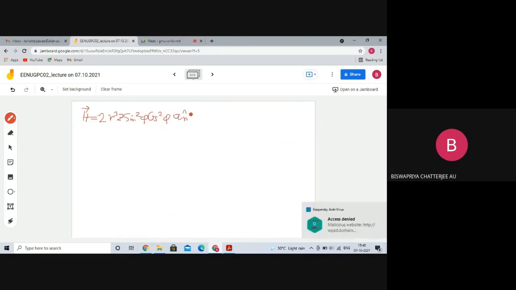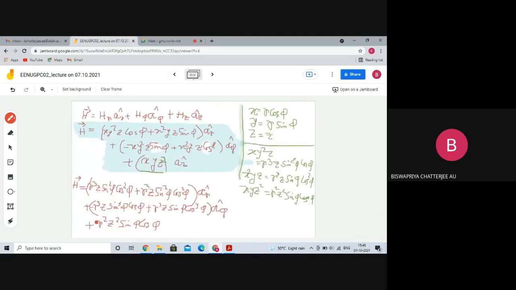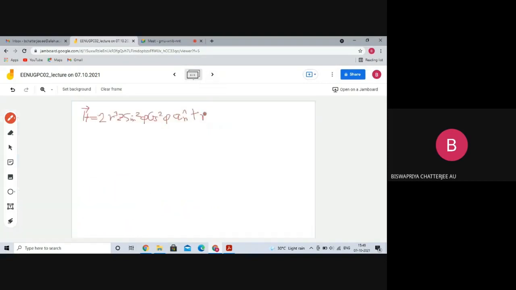Then what is the phi component? Let me take r cube z sine phi cos phi common.